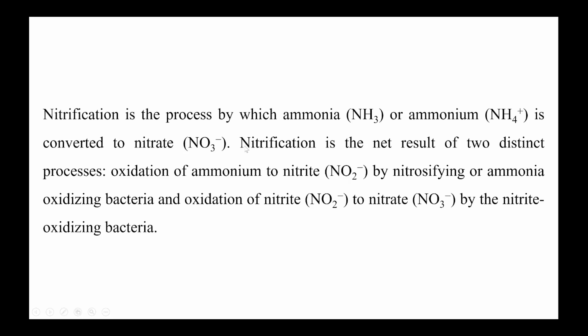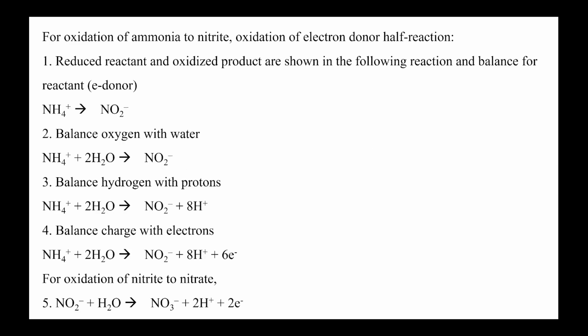The first step is ammonium to nitrite, that is NH4 plus to NO2 minus, by nitrosifying or ammonia oxidizing bacteria, and then further oxidation of this nitrite, NO2 minus, to nitrate, that is NO3 minus, by nitrite oxidizing bacteria. First ammonium oxidizing bacteria and then nitrite oxidizing bacteria. So these are the steps.